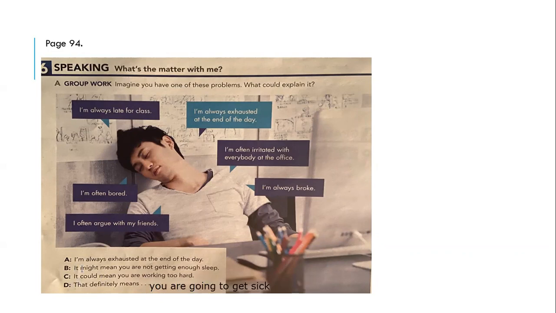So as you can see here, we go from a slight possibility using "might" to a strong possibility using "definitely." That definitely means you are going to get sick.